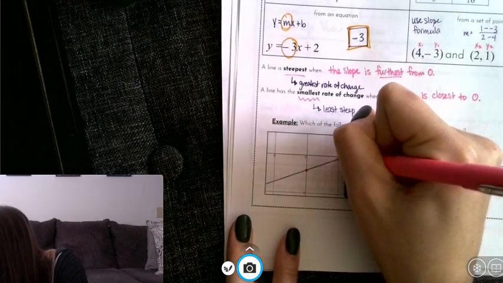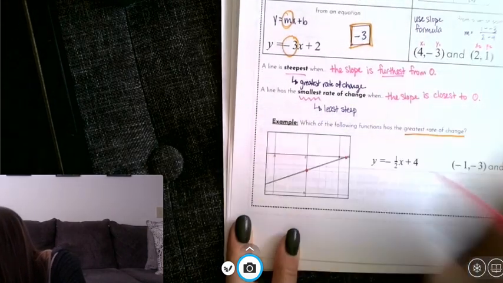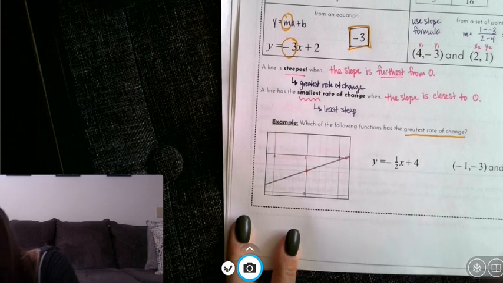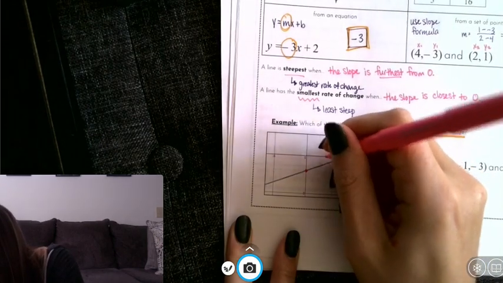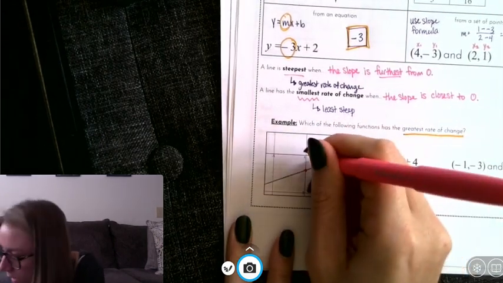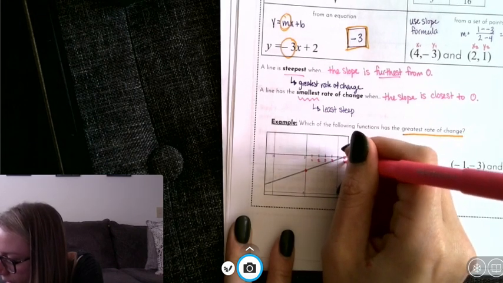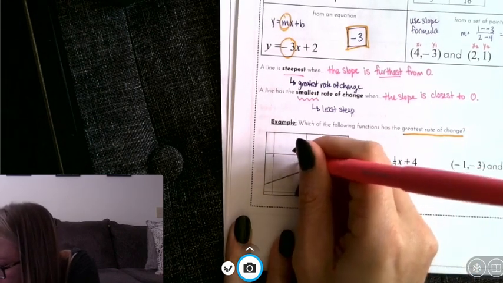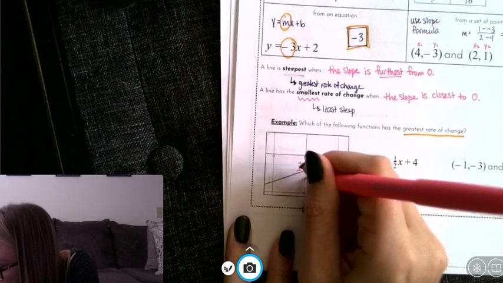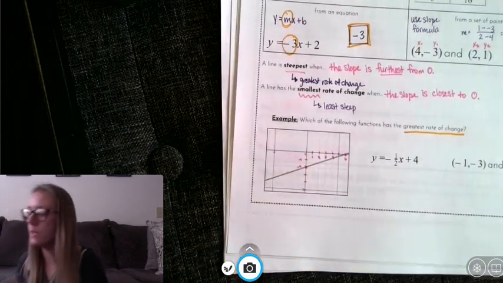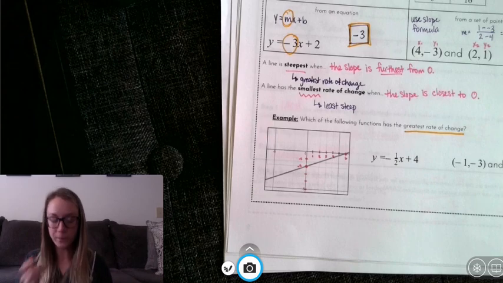So this is 5, and then this would be 1, 2, 3, 4, 5, 6. And this is -1, -2, -3, -4, -5. Sorry that the lines are kind of weird.